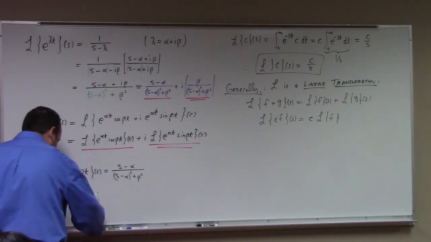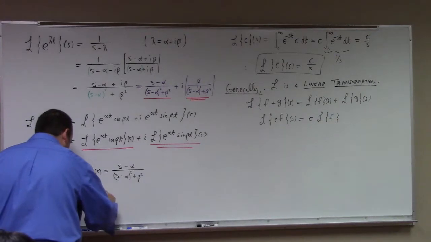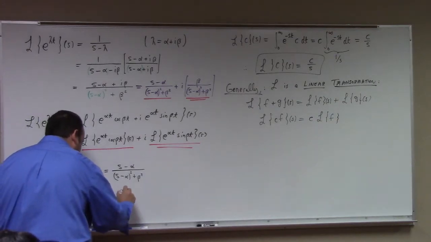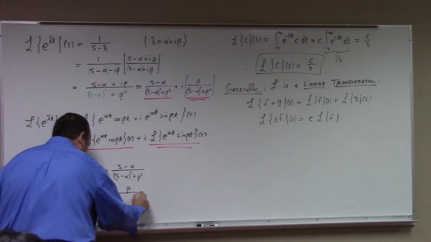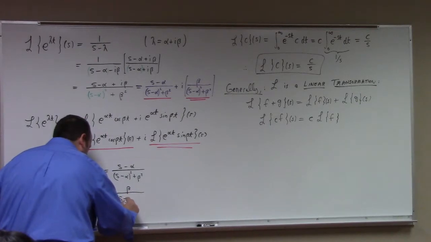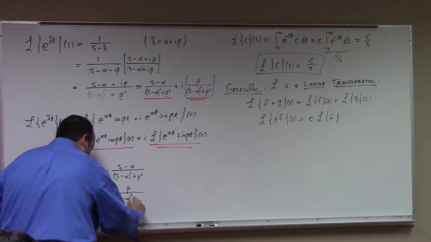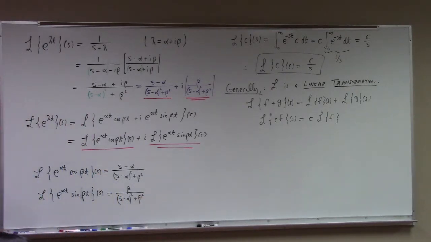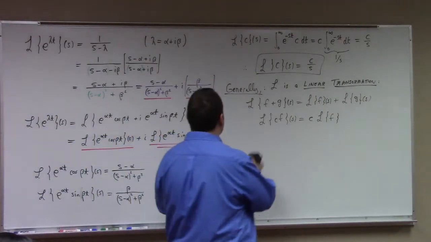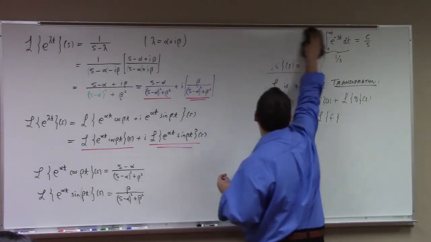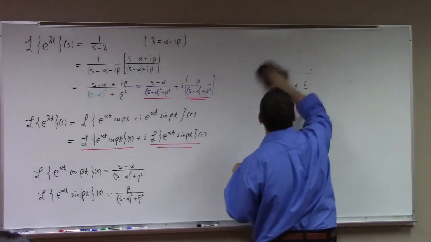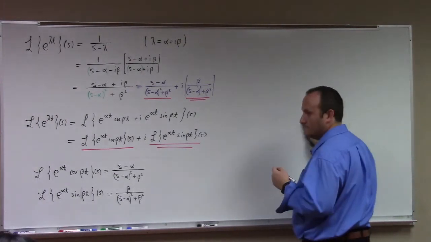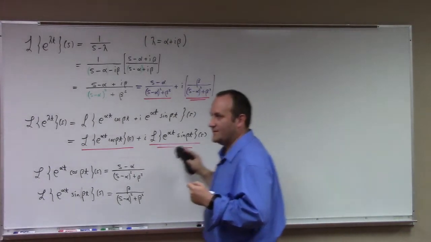They both give us some linear term over an irreducible quadratic in s. Sum of squares, right? You can't factor that over the reals. Interesting.